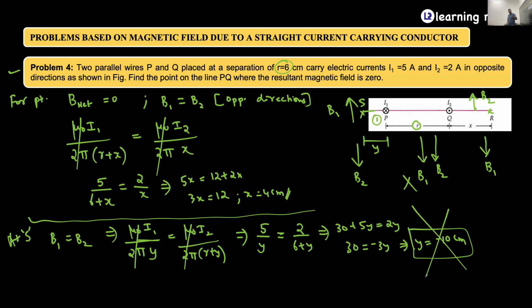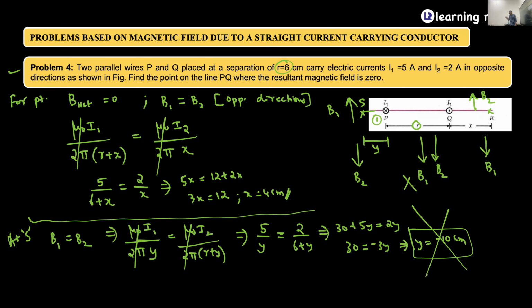So what I'm trying to say is, if you take a point very much far from the one with lesser magnitude, it can never match with the one which is produced by the current with a higher magnitude. So always the point should be considered away from the one with greater magnitude or closer to the one with lesser magnitude. This is a very, very important point.